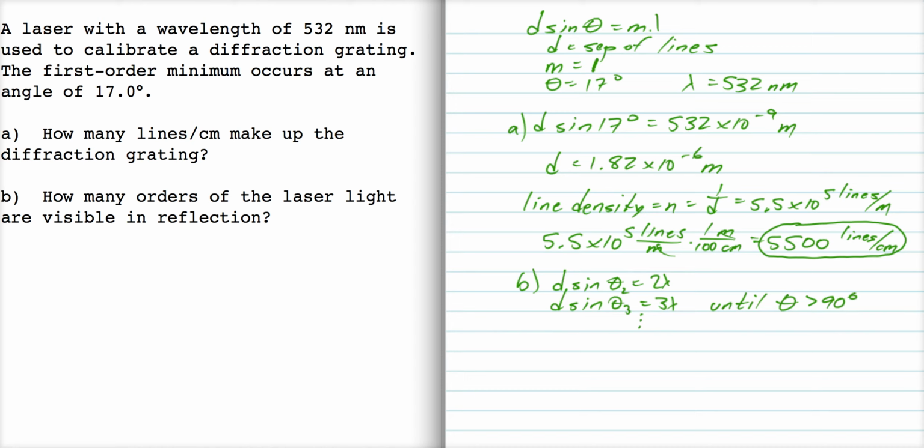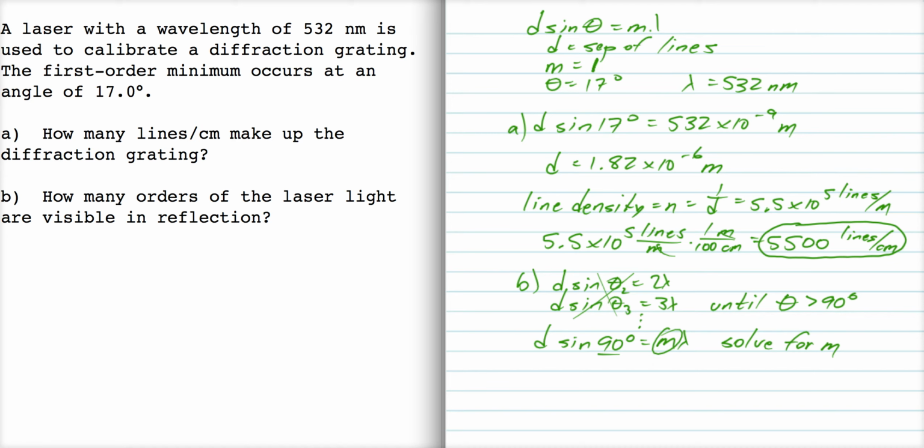Until you get a sine theta that's impossible. But a different way to do it would be to say d sine 90 is equal to m lambda, and then solve for m. This will tell you which order will result in the maximum possible angle of reflection.